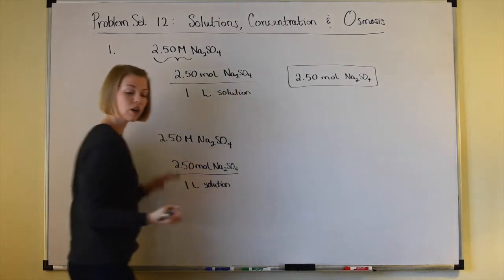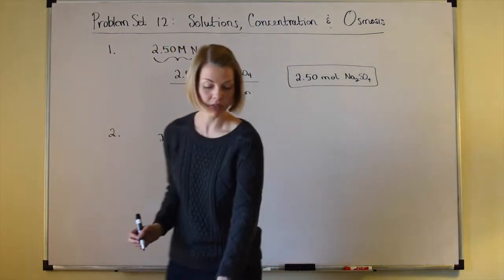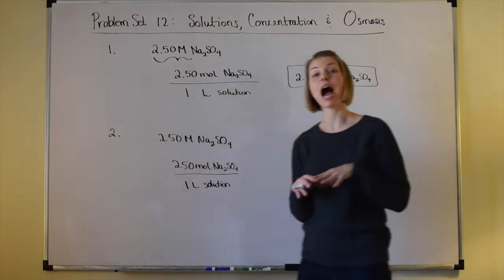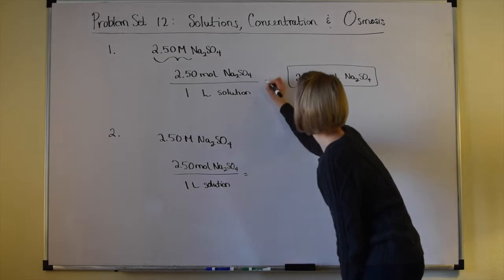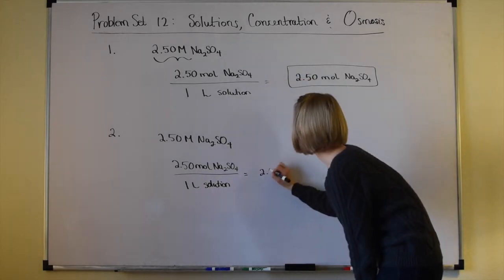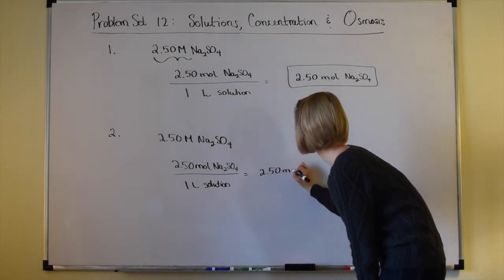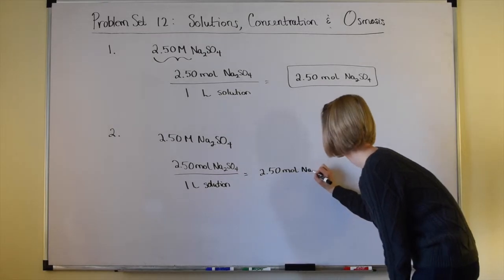Okay. So we know how many moles, but we want to find out how many grams. So we already know that in 1 liter there's 2.50 moles of sodium sulfate.